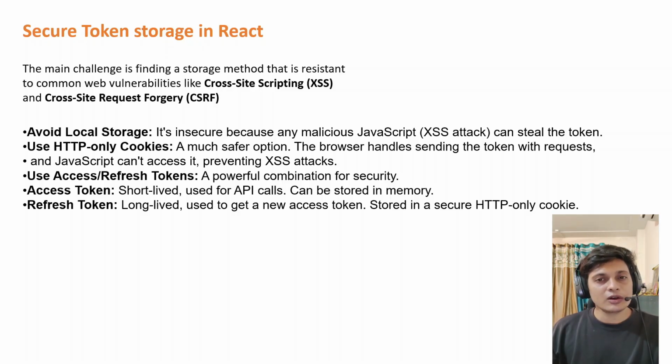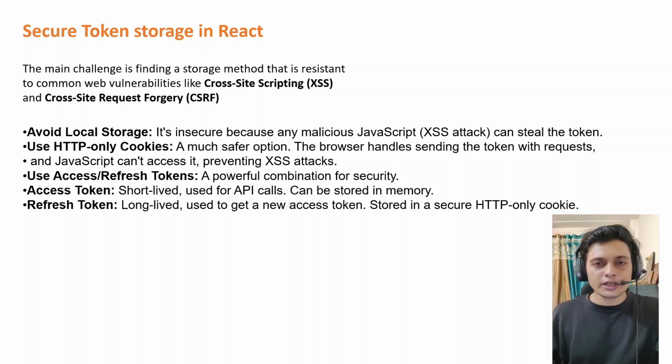This refresh token will not grant you anything, but it will regenerate the access token whenever it is required. So this refresh token will have a longer life, this access token will have a shorter life, and when you use the combination of access and refresh token, then you are making your website more secure. So this is the secure token storage in React.